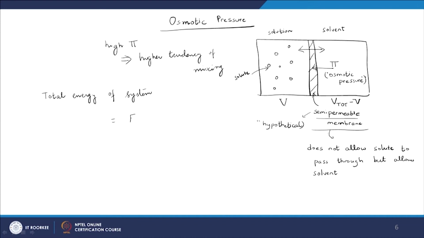is, say, f dot of V. So, if I am moving the membrane, the hypothetical membrane, by, say, a small volume dV, the work done is my osmotic pressure multiplied by dV.